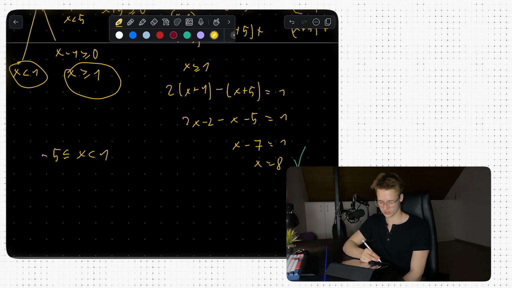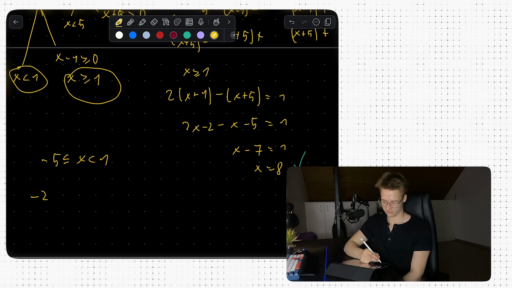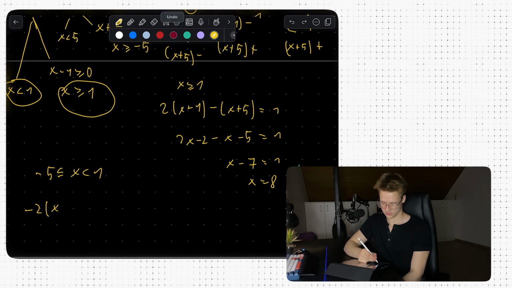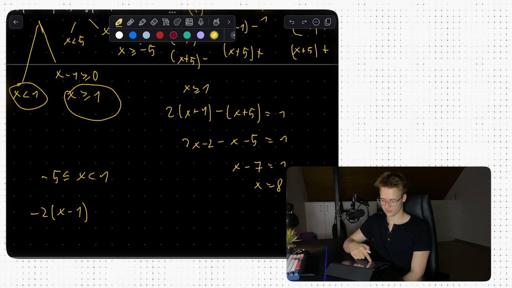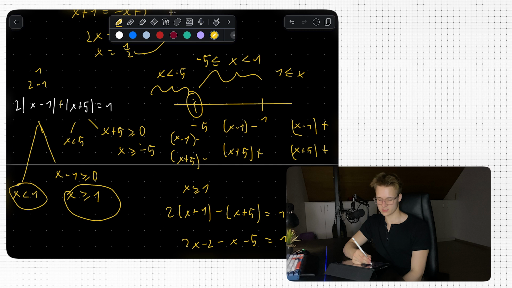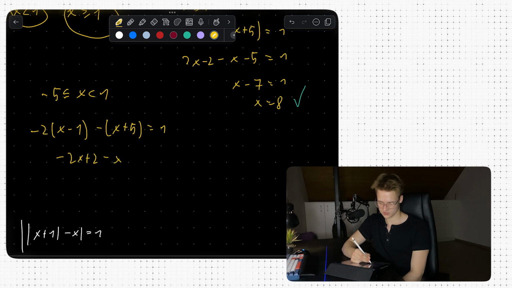Now we have when x is between -5 and 1. Less than 1, we're going to have x minus 1 be negative, so we have -2(x minus 1) here, while this one is just going to remain positive, so we have minus (x plus 5). If it were negative, this minus would become a plus. So this equals 1: -2x plus 2 minus x minus 5 is equal to 1.